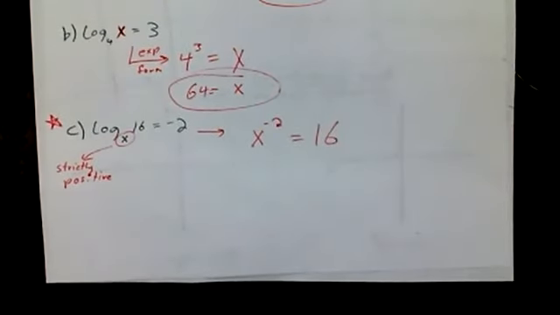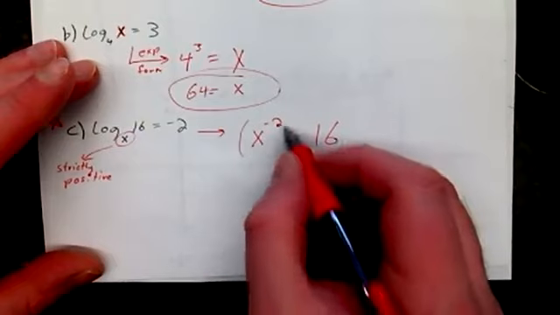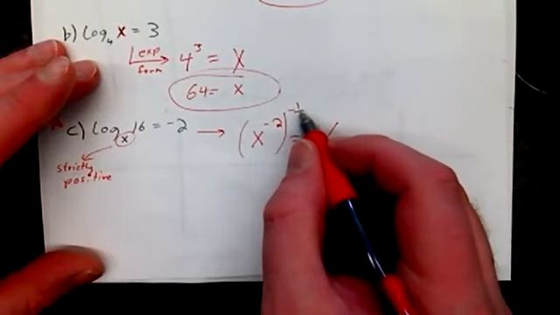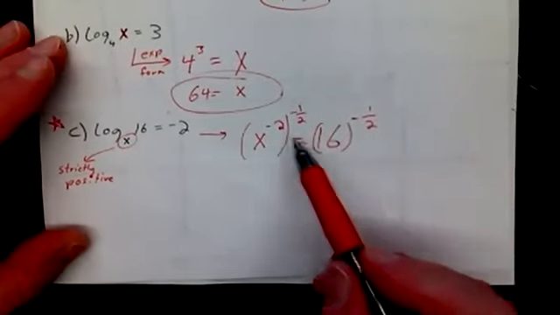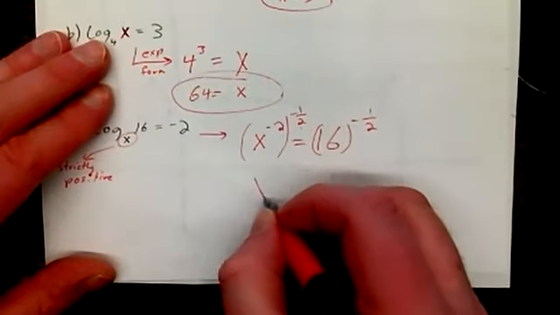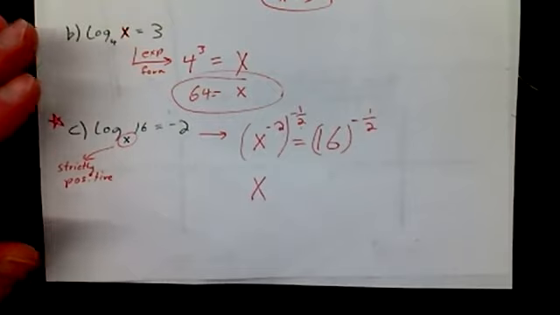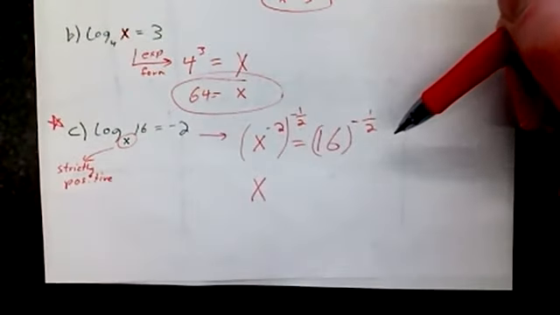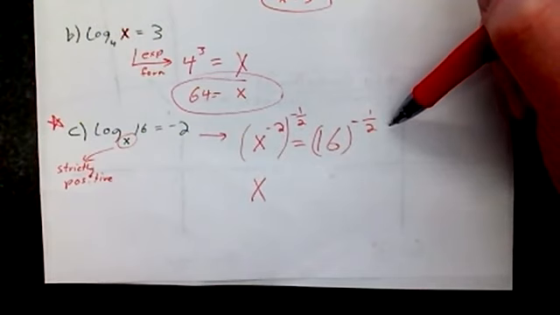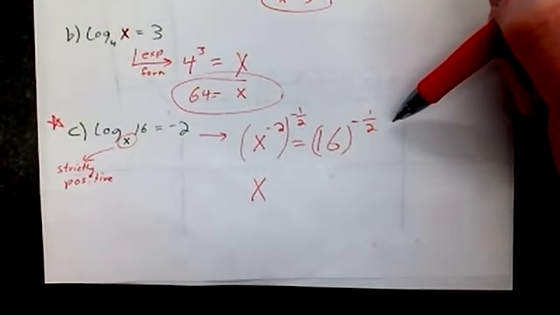Okay, so now there's options on how we can do this. One thing I could do is I could raise both sides to the negative 1/2. Why did I choose negative 1/2? Well, because I know negative 2 times negative 1/2 is just x. Okay. Now here's the thing. If I'm raising it to the negative 1/2, technically that's like I'm taking a square root, right? Just in a denominator.